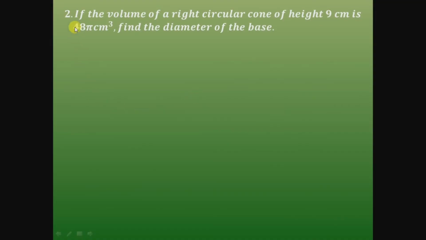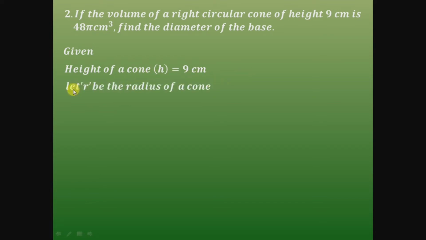Next we have: if the volume of a right circular cone of height 9 cm is 48 pi centimeter cube, find the diameter of the base. So given height of the cone h is equal to 9 cm, let r be the radius of the cone, and given volume of the cone is equal to 48 pi.